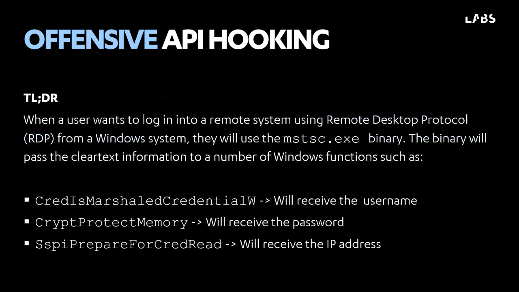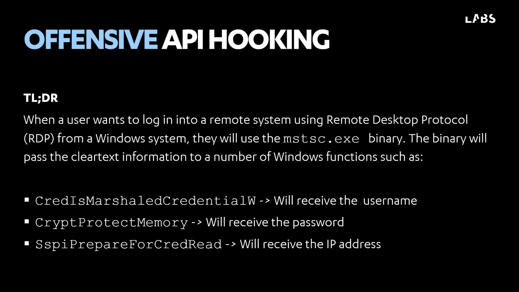So if you take a look at the MDSec research on this, you'll see that when, as an end user, we interact with the remote desktop application, the MSTSC binary, when you authenticate to a remote host, there are three pieces of information that you typically will pass on. The first is where you want to go, so the IP address or the host name, and then subsequently the username and the password.